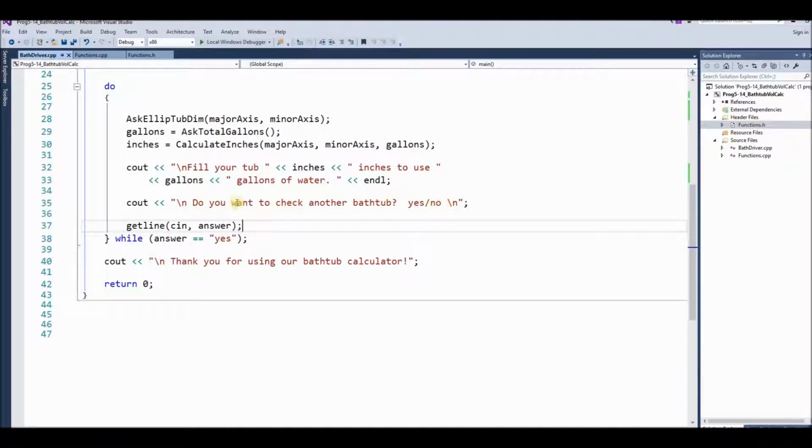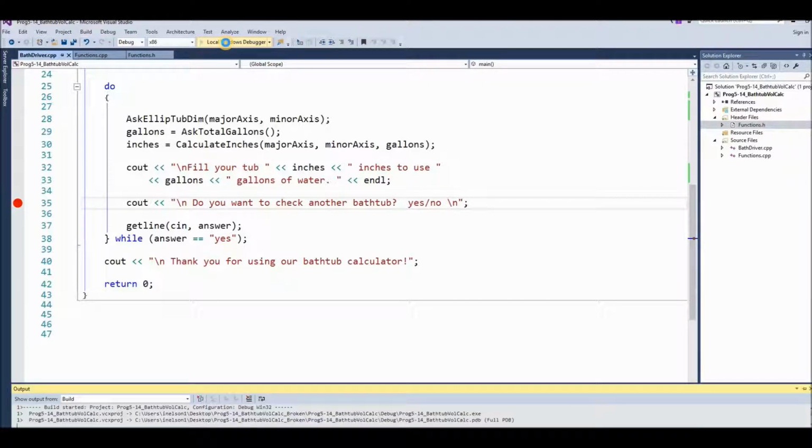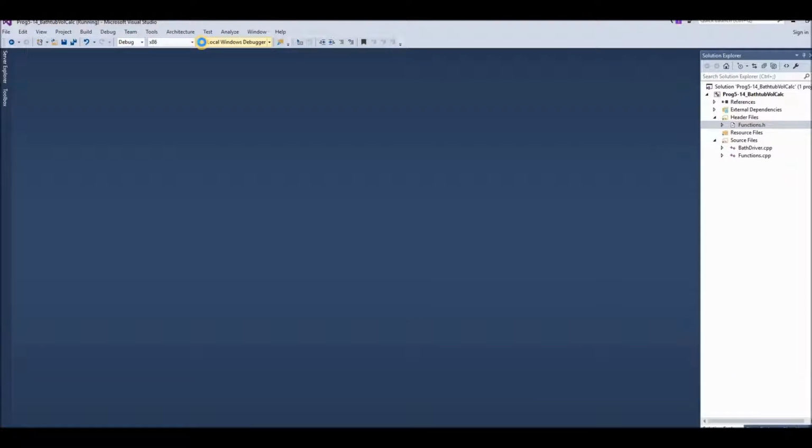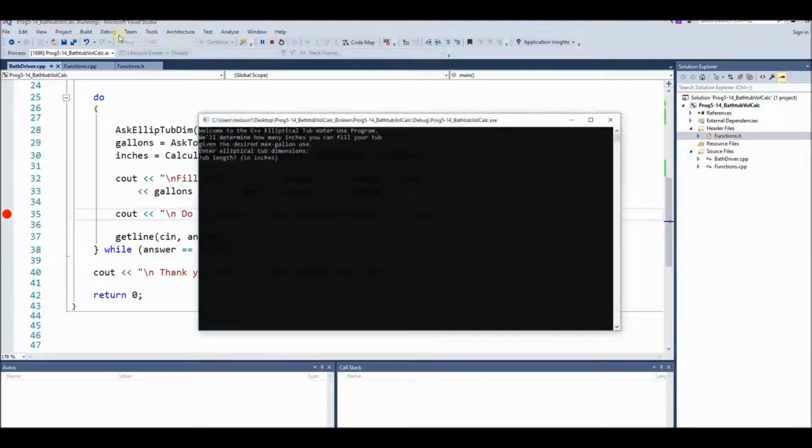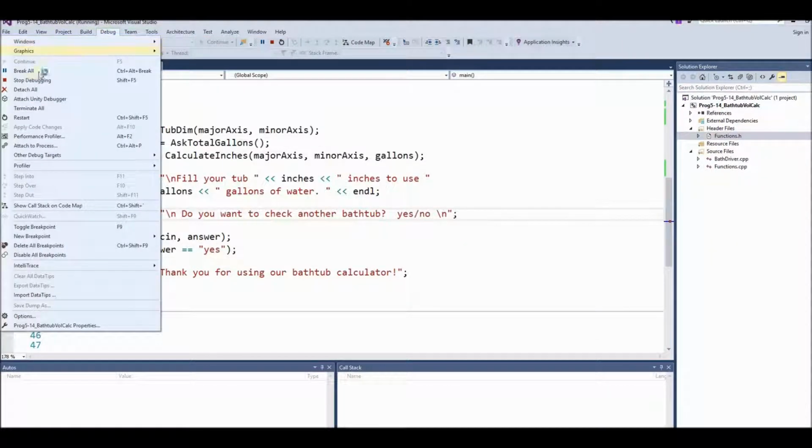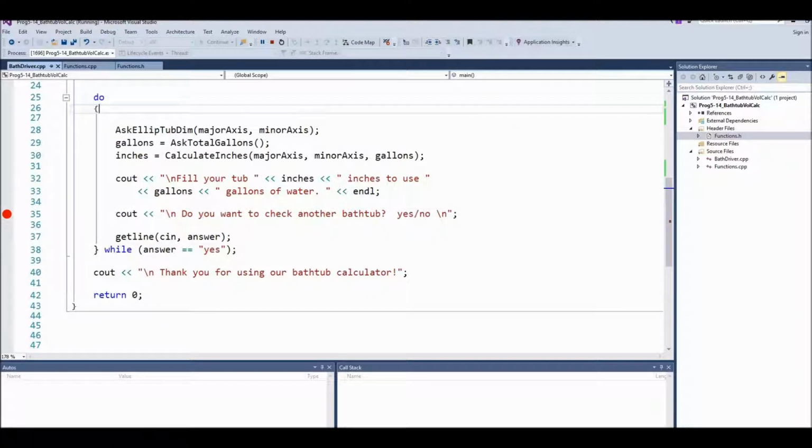That's over here. Do you want to check another bathtub? So I'm going to put a breakpoint in here, and I am going to debug. This green triangle is a shortcut to the debugger. You can always use the debug menu, but I just take the shortcut because it's right there.